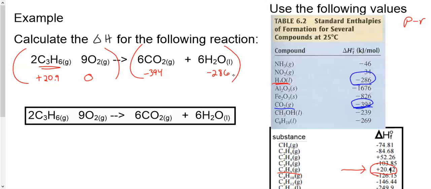Now it's products minus reactants. So we'll start with the products. We have 6 moles of carbon dioxide.